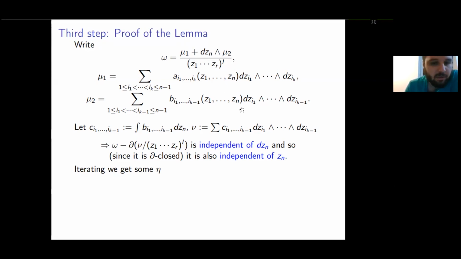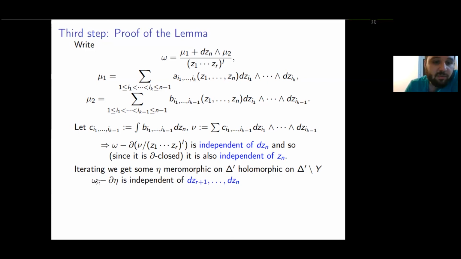And so we will get some meromorphic form, maybe defined on some possibly smaller polydisk, in such a way that when we remove this meromorphic form, we will get something that is independent of dCr+1 until dCn, and also independent of Cr+1 until Cn.